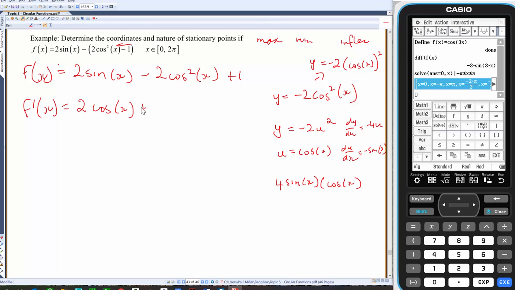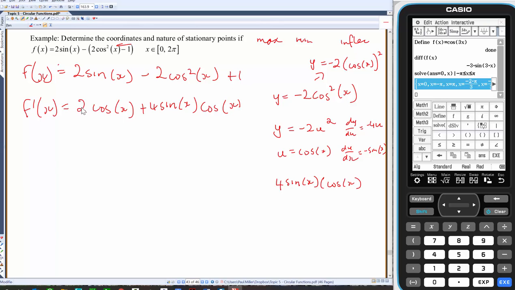So I'm going to get plus 4 sine x cosine x. That's pretty messy. The 1 just chops out on the derivative because the derivative of a constant is 0.